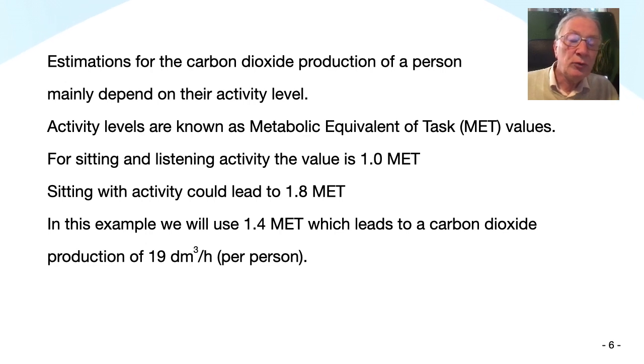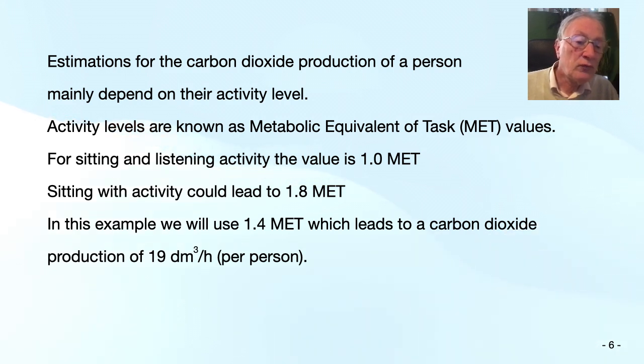Carbon dioxide production of a person depends on their activity level, and if we are now talking about a conference room where people are listening and they're sitting with a low activity, perhaps some writing or slight moving. If there is no activity, then their metabolic equivalent of task is 1.0 met.